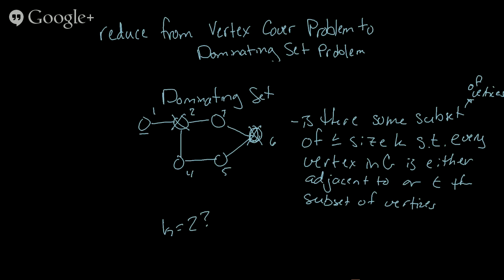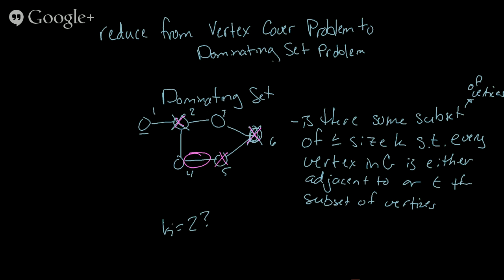Then we just saw the dominating set problem would say yes, but the vertex cover problem, which we determined needed to include this one and one of these two, because you have to cover this edge right here, would say no, even though our dominating set problem said yes.